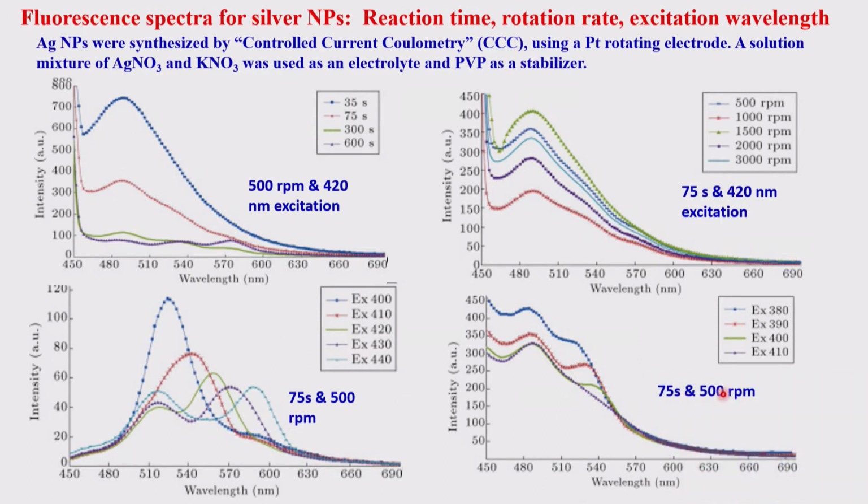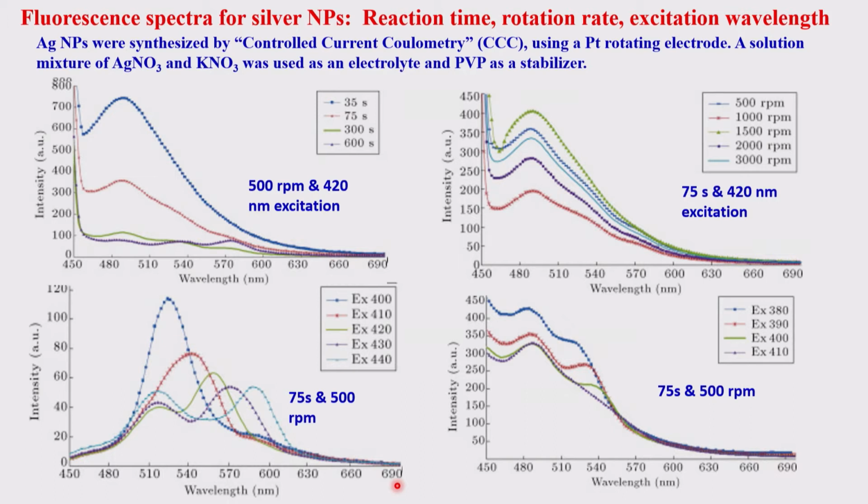Another example is shown for 75 seconds with 500 RPM, but different wavelengths of excitation, so with different conditions. You can always optimize all of these. With the optimization, you can plan what kind of nanoparticle synthesis, what level of reaction time, what level of rotation, stirring, and excitations.